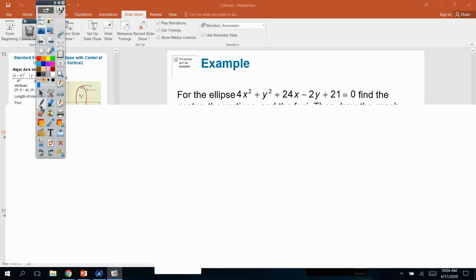It says it's an ellipse, which is nice, but all of these are going to equal 1 and have fractions. And right now it does not equal 1, and I do not have fractions. So what we're going to do is we're going to get the x squared together with his friend, just rearrange everything, leave a little space, get the y squared together with his friend, leave a little space, and we're going to move that constant to the other side.